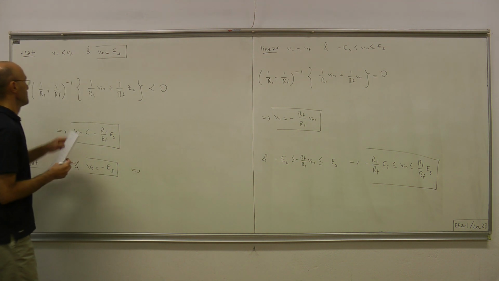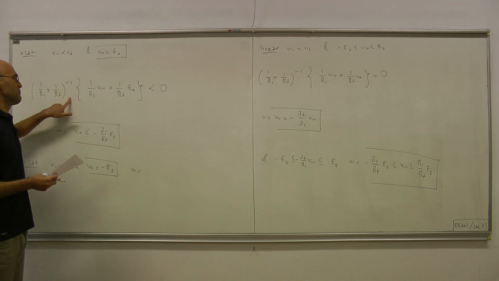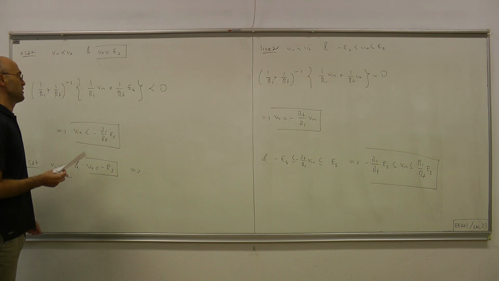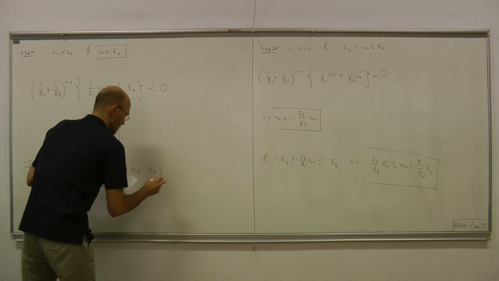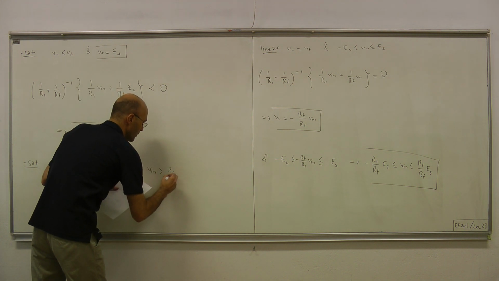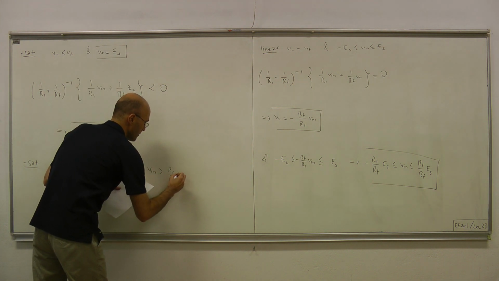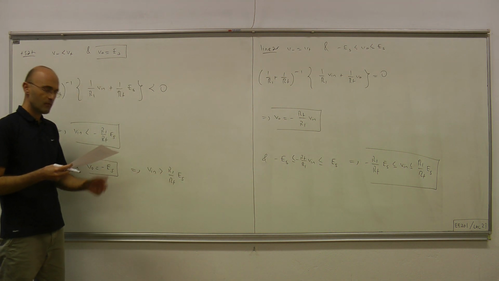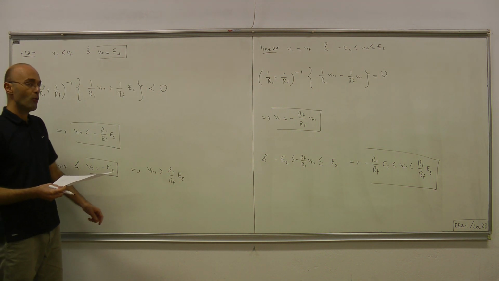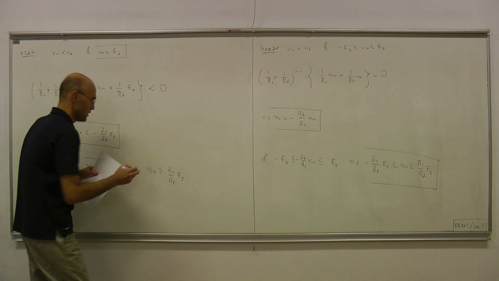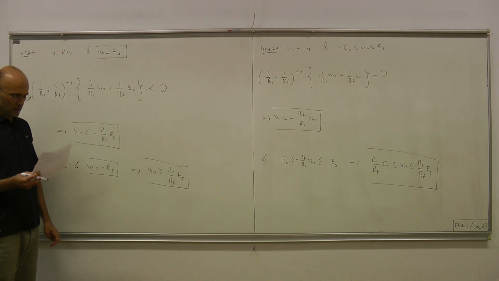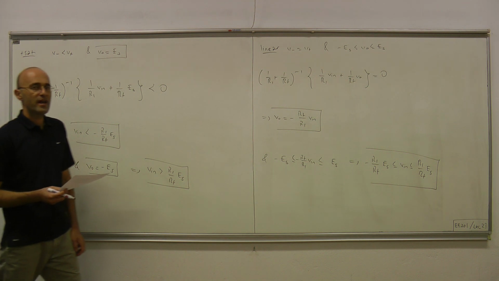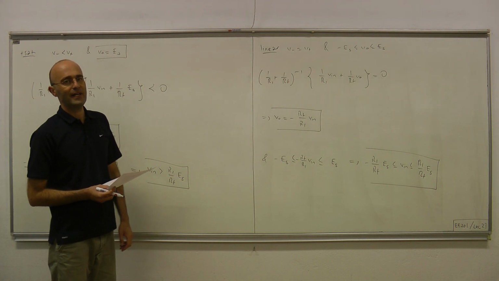And using a similar argument, in fact the same argument that we used in the positive saturation region analysis, we can directly write that V in greater than R1 over Rf guarantees that the op-amp is in the negative saturation region. So, we have therefore completed our analysis.